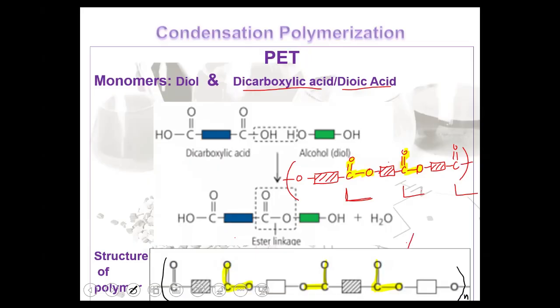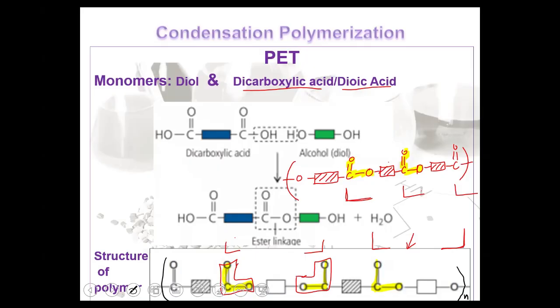Whereas if you look at PET, the sequence is flipped. Once it is COO, the other time it is OCO. Then COO, the next time it would be OCO. The pattern of the ester linkage is flipped every time the next monomer comes.